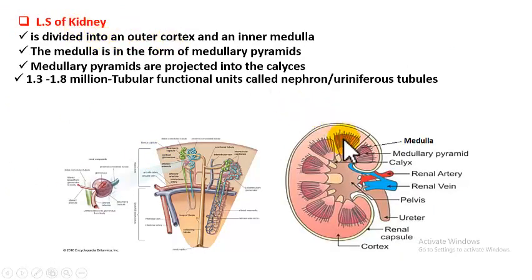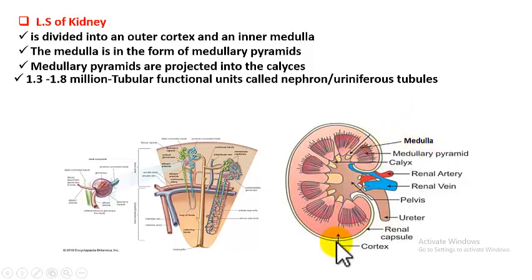When you take the longitudinal section of kidney, what are the parts that are present inside? See here, students. So this is the longitudinal section of kidney. If you see here, there are two regions. The outer region, which is light in color, is called the cortex, whereas the inner region, which is darker with pyramid-like structures, is called the medulla.